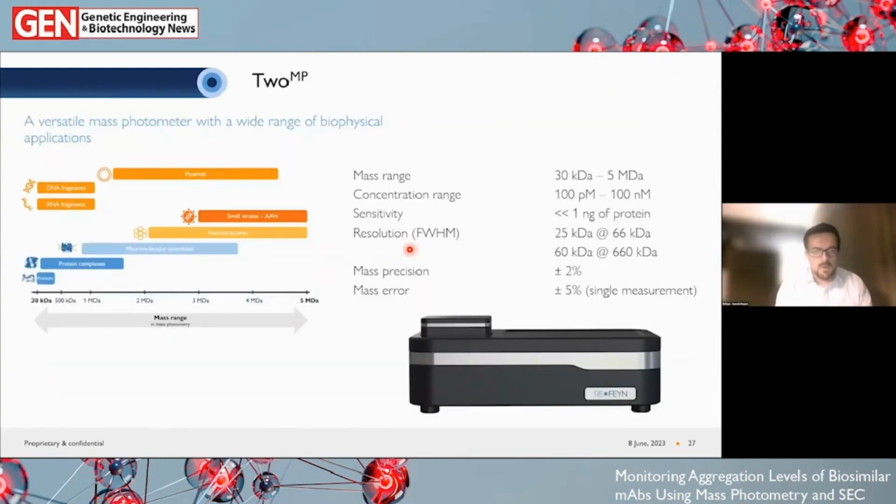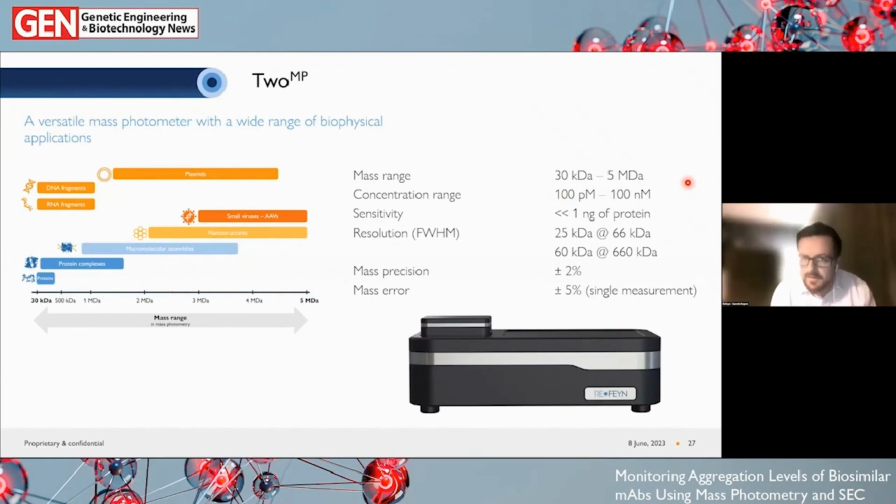RIC group used the TwoMP, which is our flagship mass spectrometry system. It's a very versatile mass spectrometer. You can see the mass range here. The lower limit of detection is around 30 kilodaltons, and we can go all the way up to 5 megadaltons, with a concentration range of 100 picomolar to 100 nanomolar.